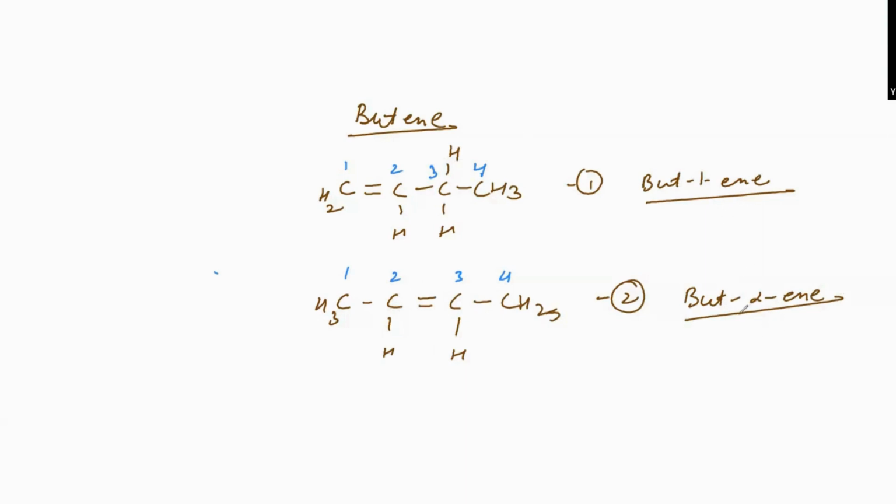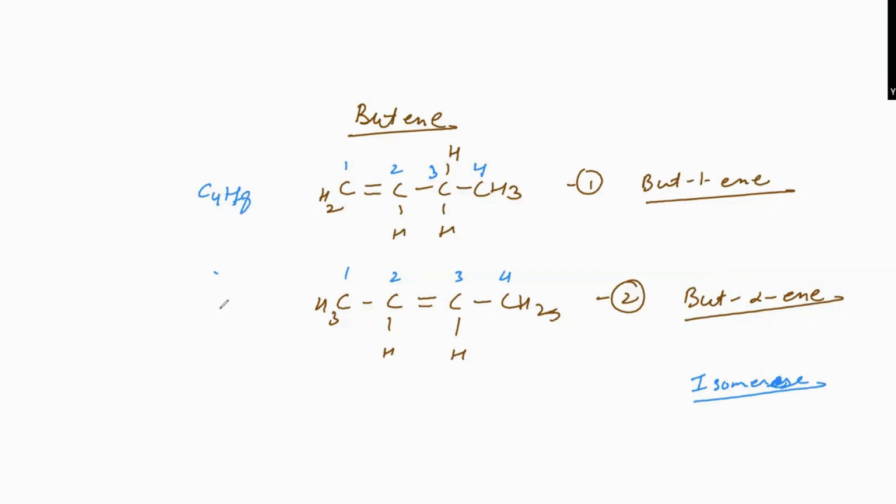So they are two different structures, and these are known as isomers. What do you mean by isomers? They have the same formula. If you see their formula, it is C4H8.